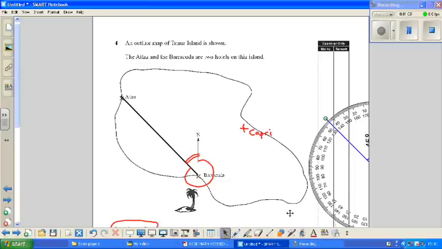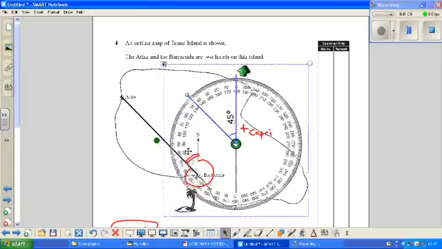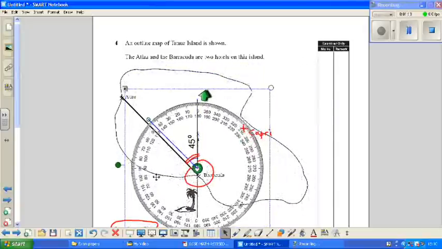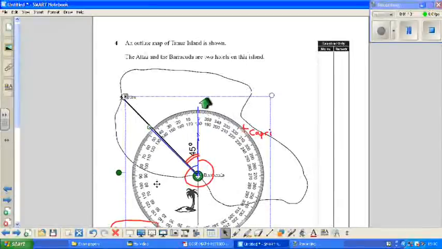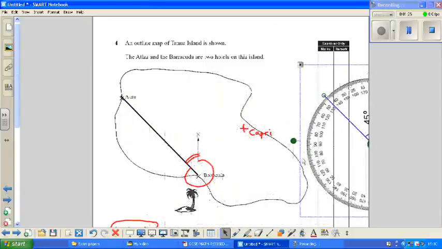So if we bring in the protractor, we can put our protractor on to the north line there, and we can see that when we measure that angle, it's 0, 10, 20, 30, 45 degrees. So we know that that angle is 45.